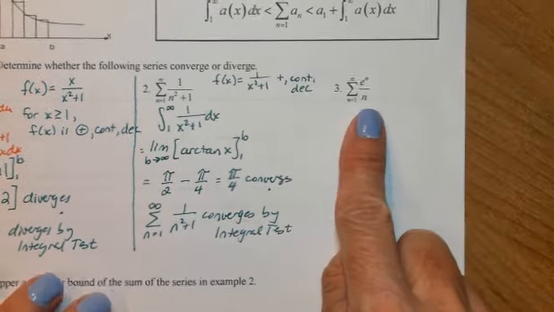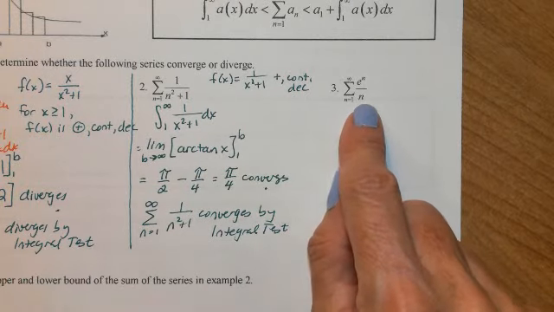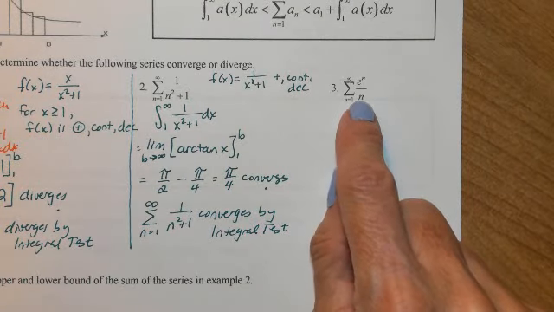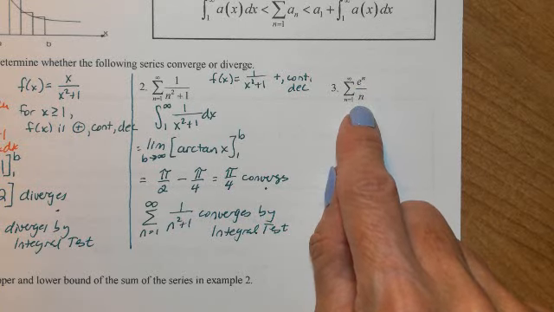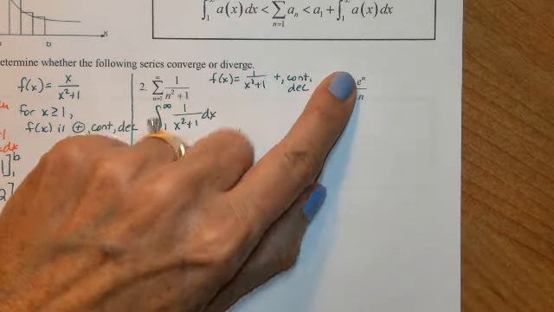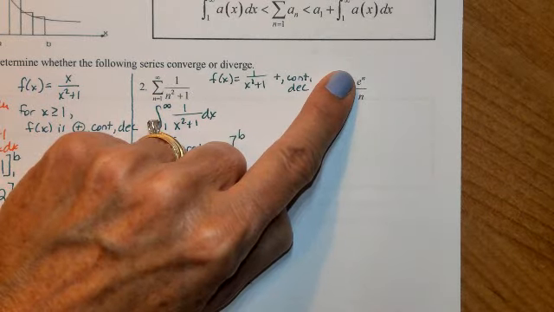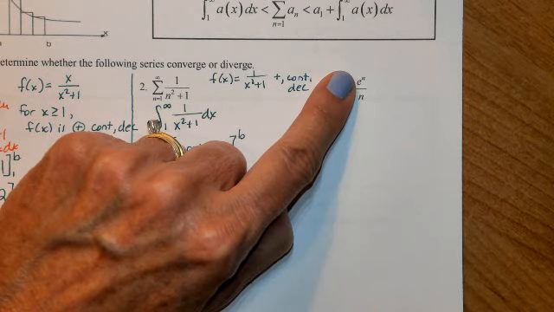Number 3. Well, it's not geometric because of the n on the bottom. If it was just e to the n, it would be geometric. It's not geometric, it's not telescoping. Can I use the nth term test? Let n go to infinity. If n goes to infinity, this does not go to 0. This goes to infinity because e to the n, remember, is much stronger in power than just n.